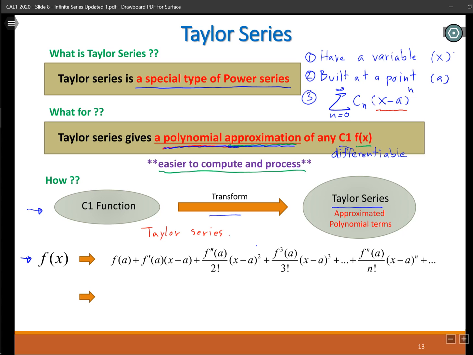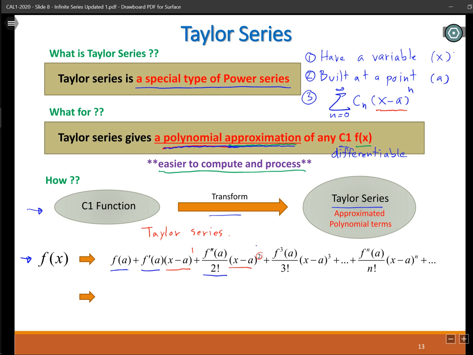So let's take a look at the first term. We have this function value evaluated at a. Then we have this first derivative of f evaluated at a again, and then we have this polynomial term with the power of 1. Now the next term we have the second derivative evaluated at a and divided by 2 factorial, and then we have this polynomial term with the power of 2.